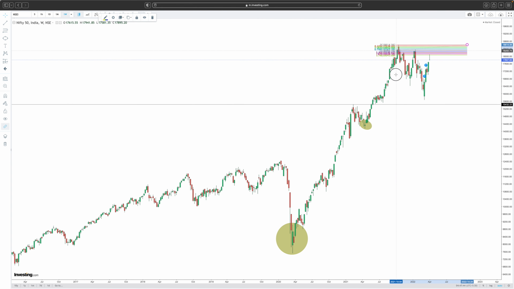So I will simply connect this here, and now I will see that this trader will be buying at 15,656 for a target of 19,723.